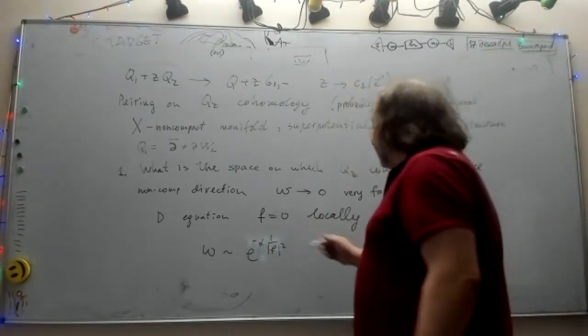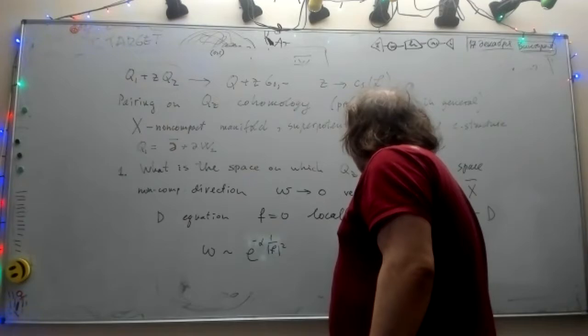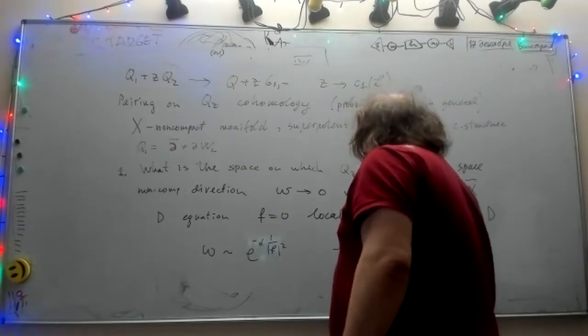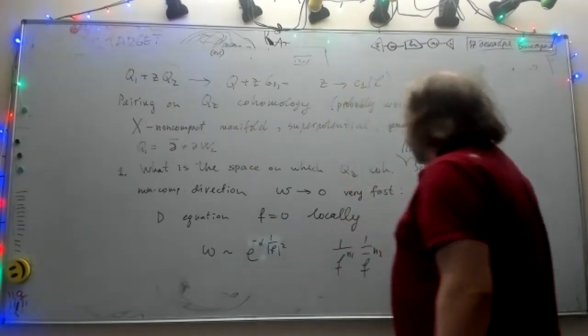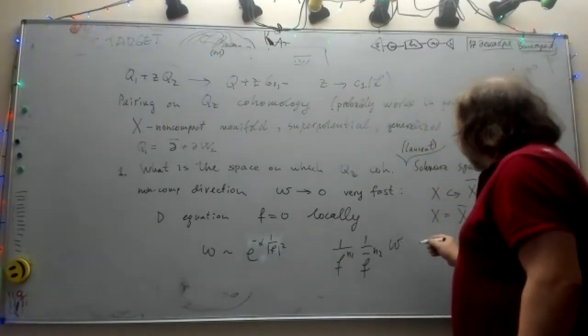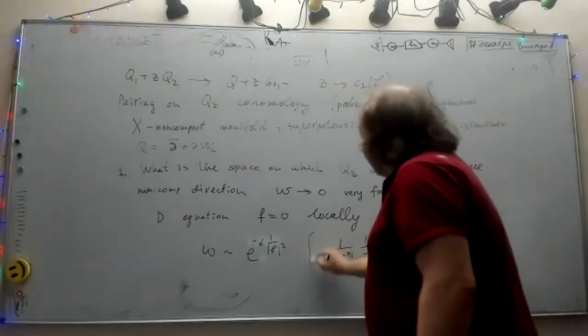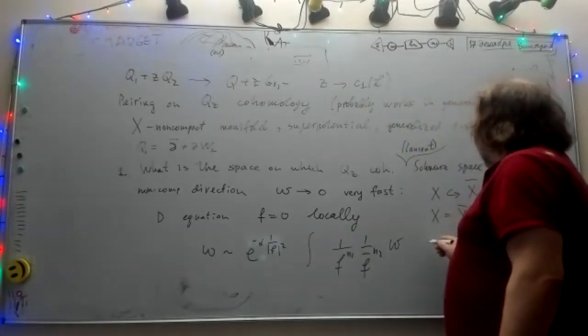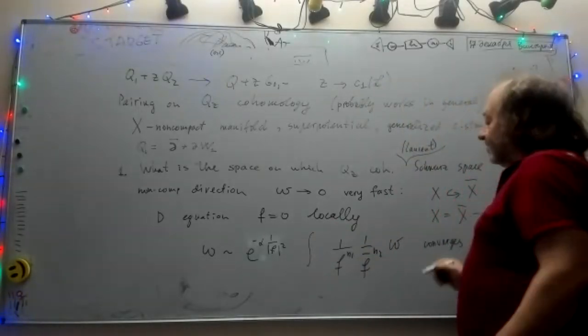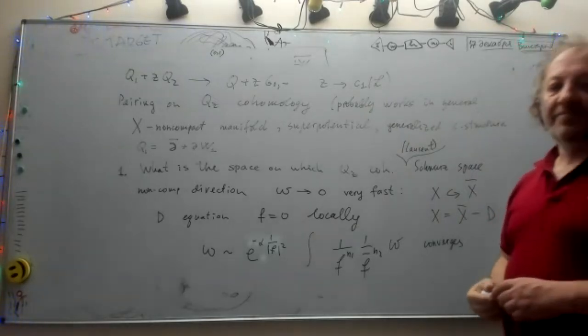So actually it means that if you take any pole and you multiply by omega, you can take integral. Integral converges. Okay?